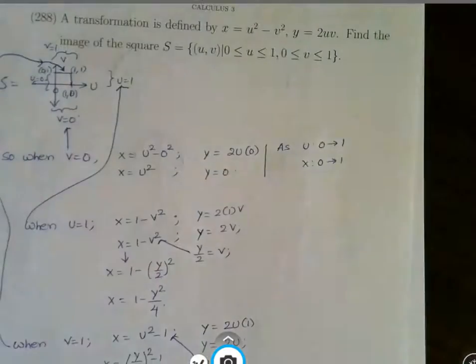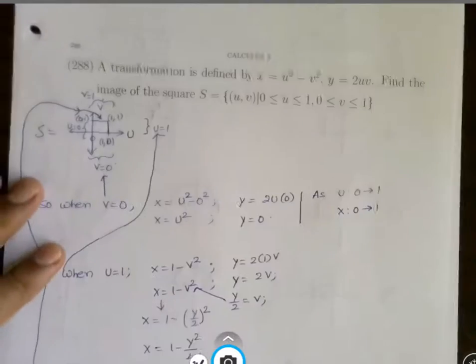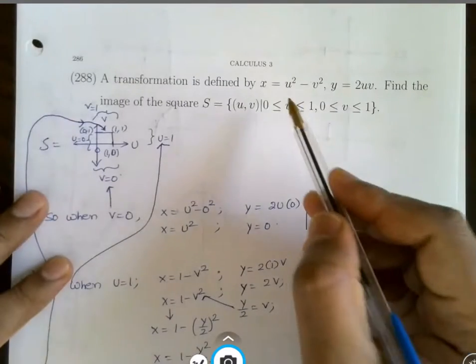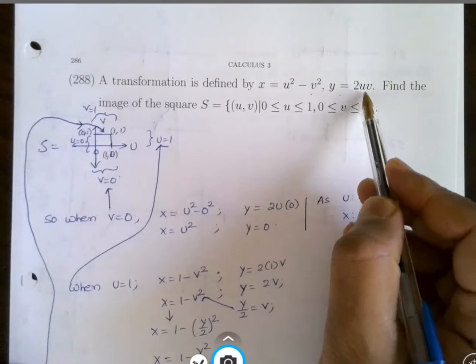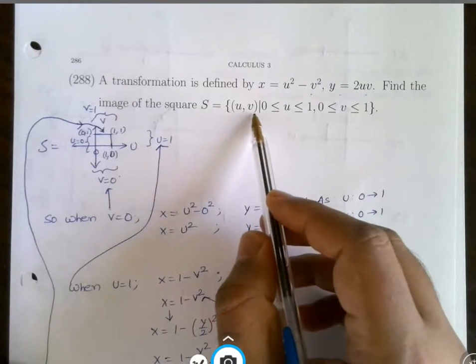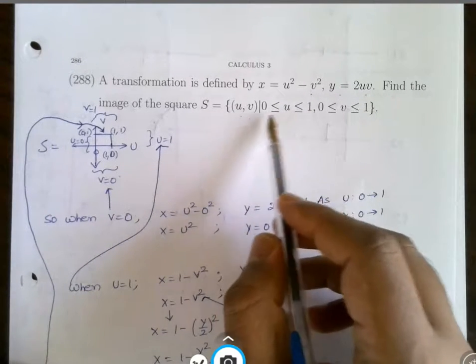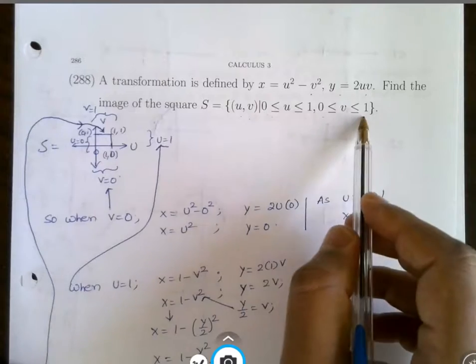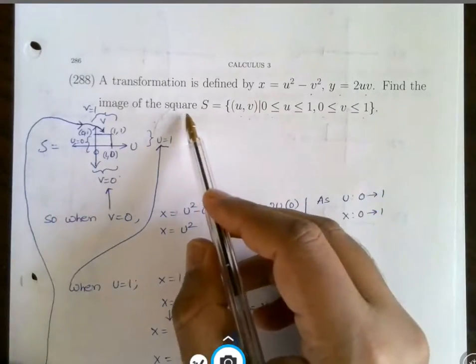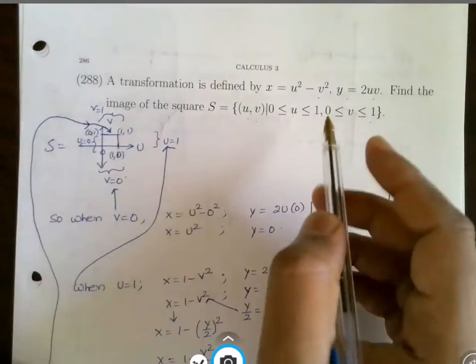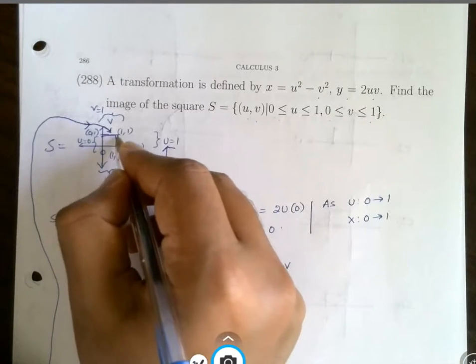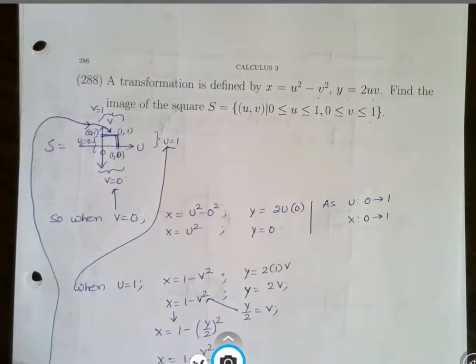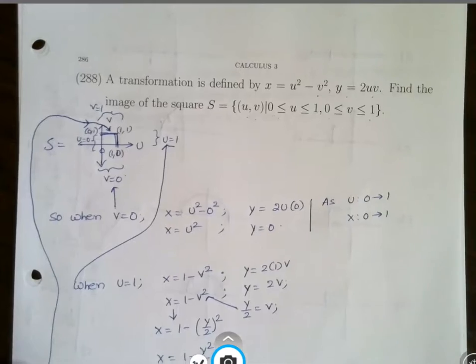I did a problem here. Here x is given by u squared minus v squared, y is given to be 2uv, and u varies between 0 and 1, v varies between 0 and 1. You want to find the image of the square. So S is depicted by a unit square, a square whose side is unit length.